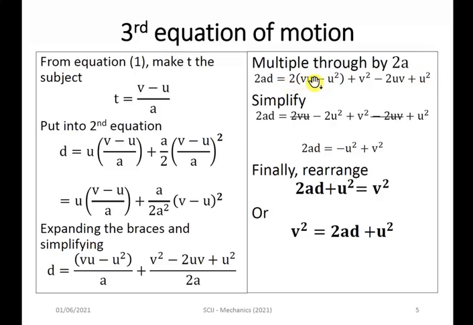Let's expand this one. We expand this one, we get 2vu, and that's what is here, minus 2u squared. That's what is here. We are left with v squared here, and negative 2uv also here, plus u squared, which is also written here. This one is negative and this is positive.